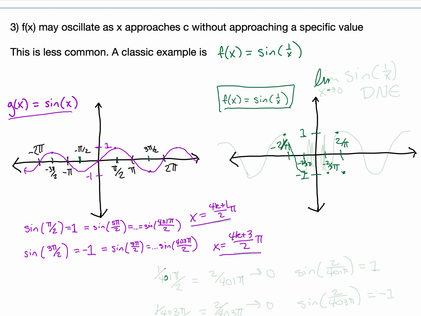So there's some oscillating here, and it's not going to be so different.